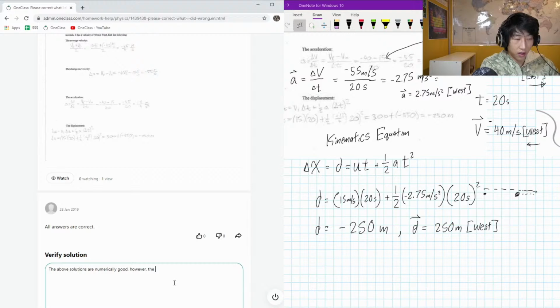However, the given info is with vectors, so the answers would be better as vectors as well. Note a direction instead of a sign for these situations.